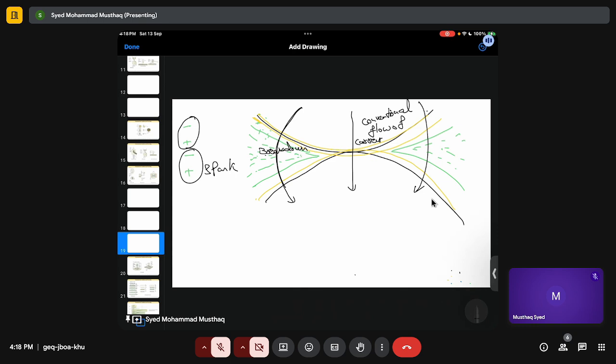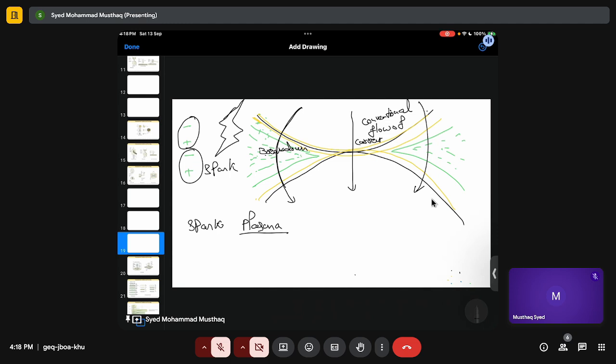Like this also the current will flow. How? The spark. I draw according to my imagination. So that's how the spark will flow. So then I have spark, and the next thing is plasma.